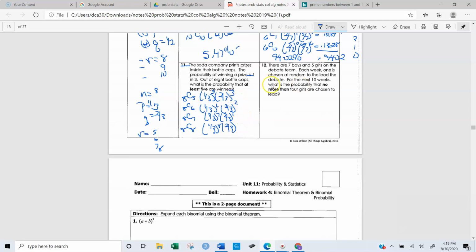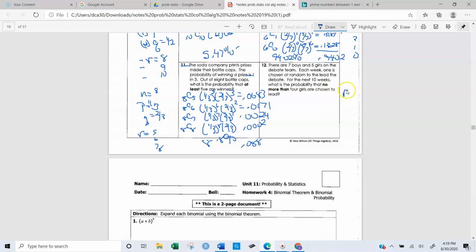Okay, when you did all this one, you should have had 0.0683, 0.0171, 0.0024, 0.0002, which is 0.088, or 8.8%. All right, when you did the boys, no more than. So no more than should have been 4 down to 0.